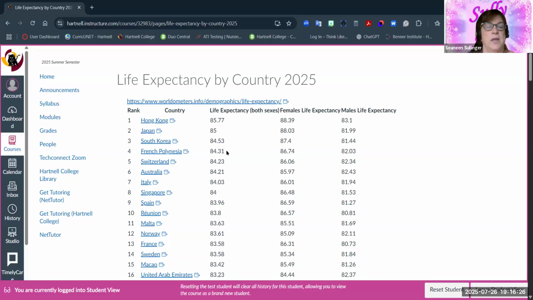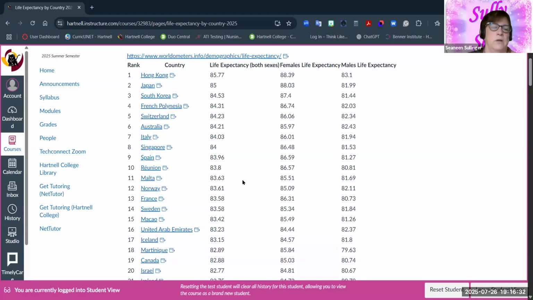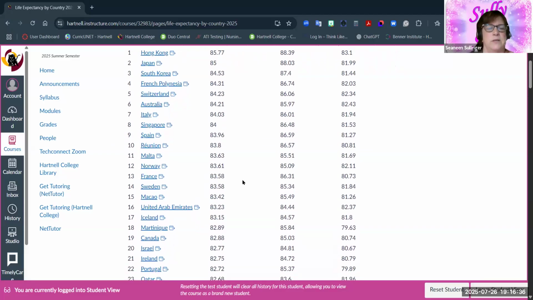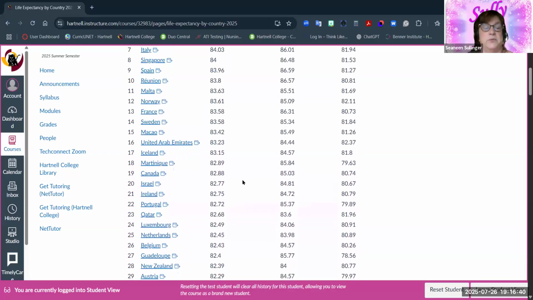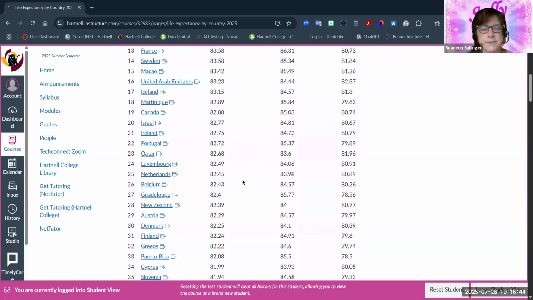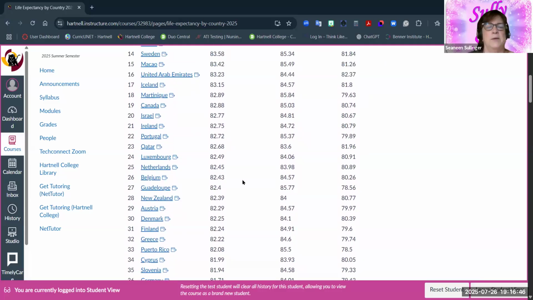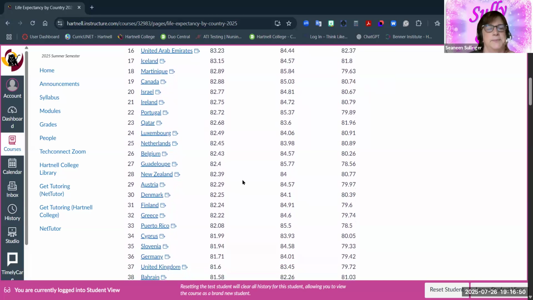All in there. And some of them, like French Polynesia, that's a teeny tiny country. Singapore, Reunion, Malta, tiny little countries. France, 83, United Arab Emirates, 83, Ireland, 82, Israel, 82, Qatar. I haven't seen the United States yet. Have you seen the United States yet? No. New Zealand, 82, Austria.